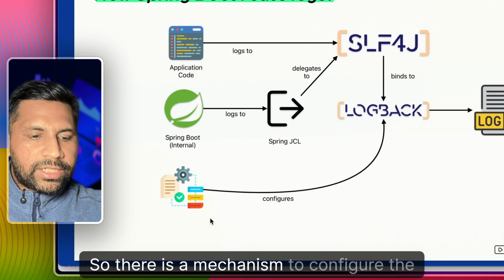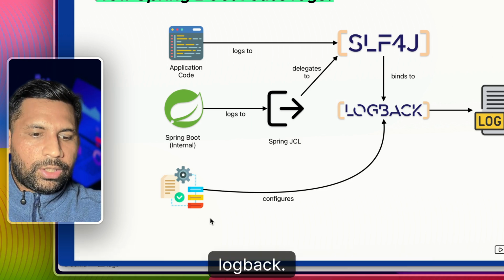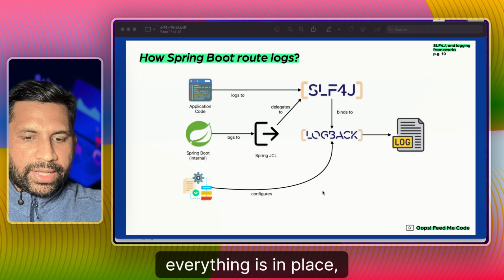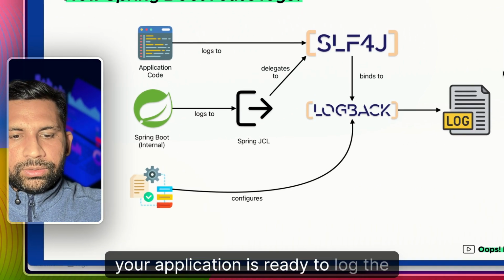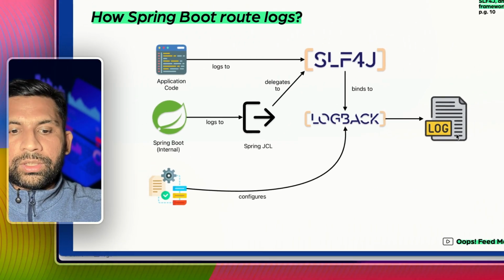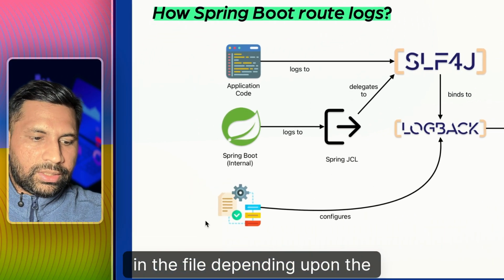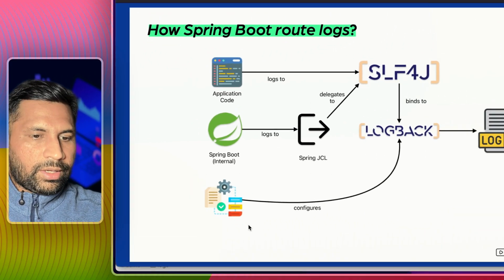So there is a mechanism to configure LogBack, and once everything is in place, your application is ready to log to the console or to a file, depending upon the configuration done here.